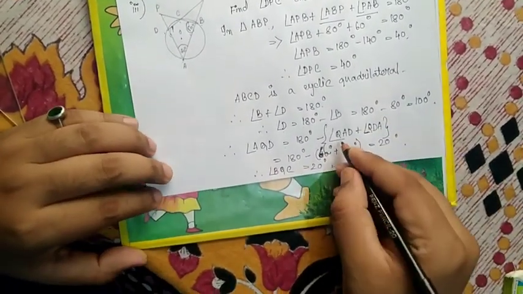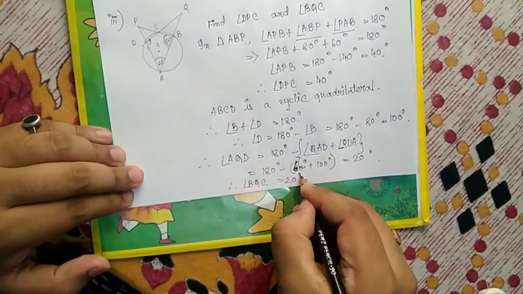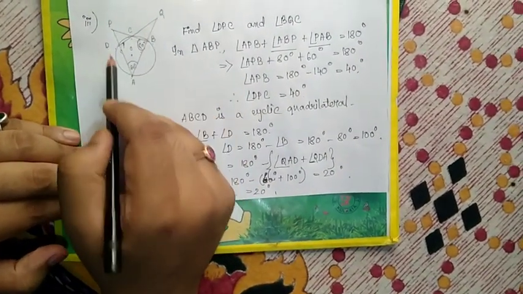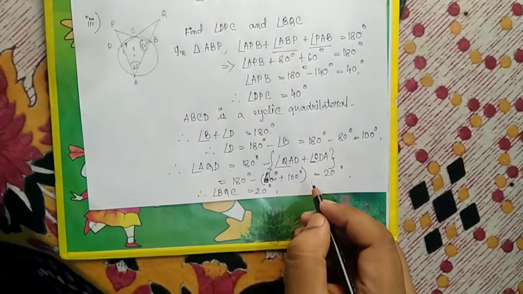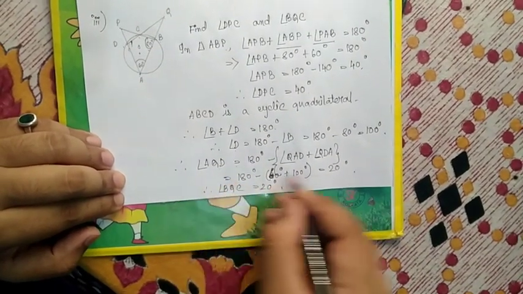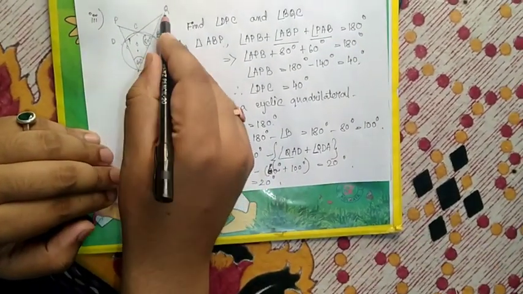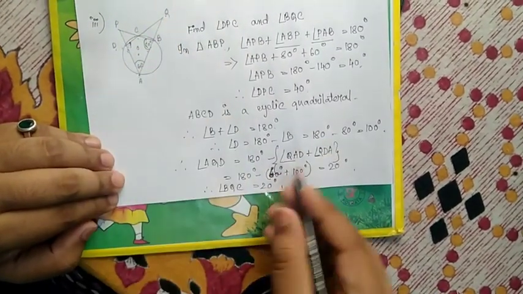After that, put those values. QAD means 60 degree, QDA equal to 100 degree. And after that, simplifying these terms, we find out that angle AQD equal to 20 degree. Now AQD and BQC both are same, so therefore BQC equal to 20 degree.